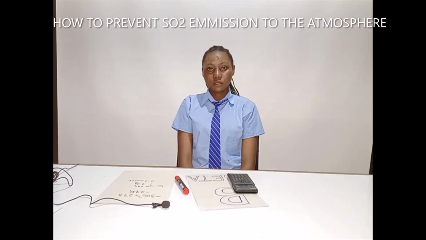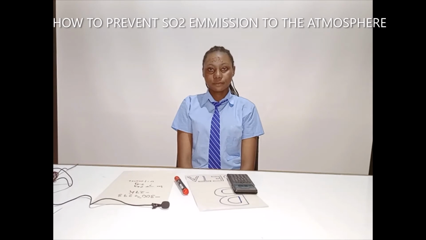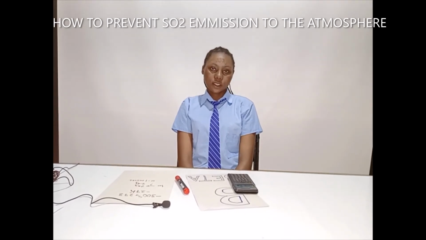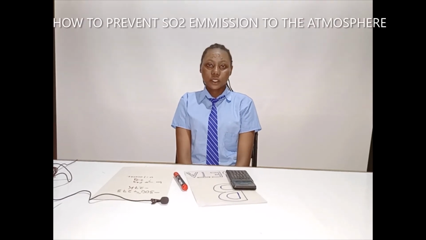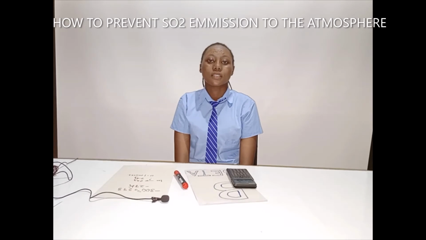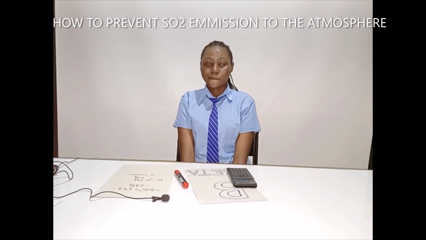Okay, the next question. Describe how sulfur oxide gas from the contact process can be prevented getting into the atmosphere. Sulfur oxide is passed through a chimney which is lined with calcium hydroxide, a process called scrubbing the gas. Okay, so what product will be formed?